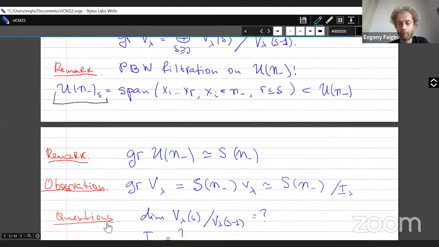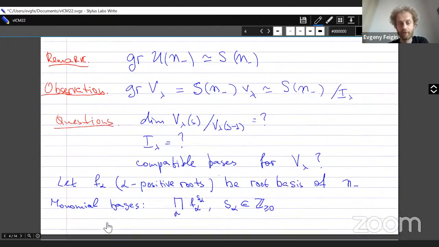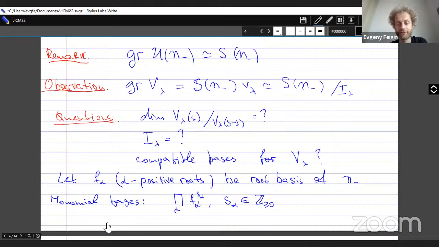A remark, which is just a classical result, says that if you take the graded of this U of n minus, so this is the graded algebra, this is nothing but the symmetric algebra of n minus, and this is what is called the PBW filtration, or rather, the PBW theorem.